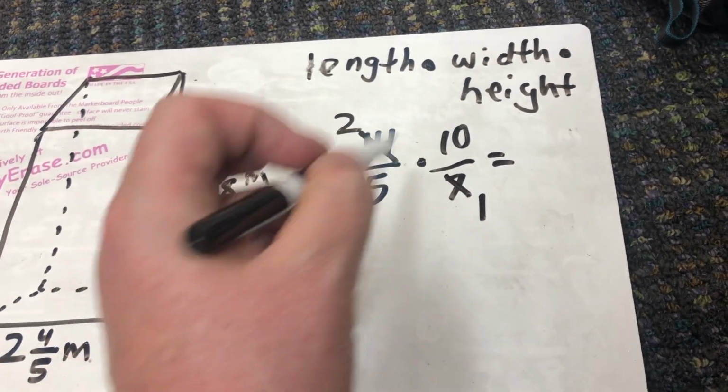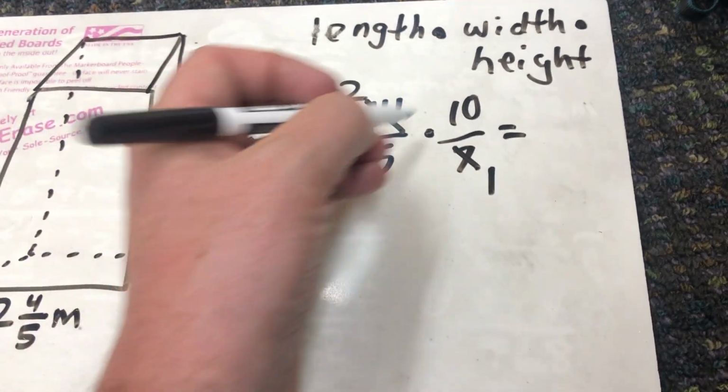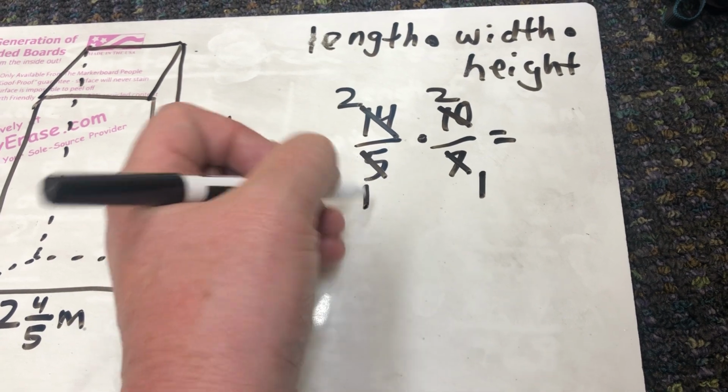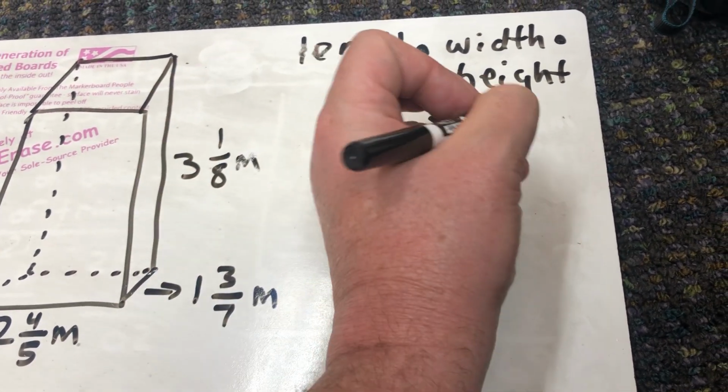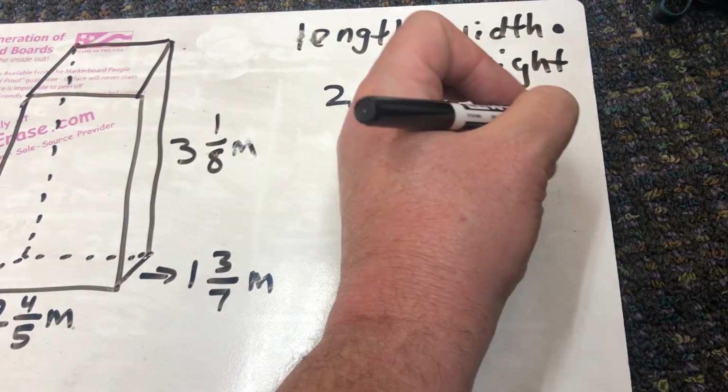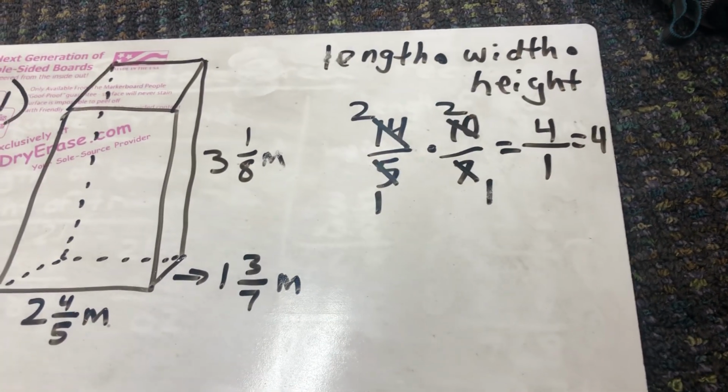I can cross-check a 10 and a 5 by dividing by 5. 10 divided by 5 is 2. 5 divided by 5 is 1. And 2 times 2 is 4. 1 times 1 is 1. 4 over 1 equals 4.